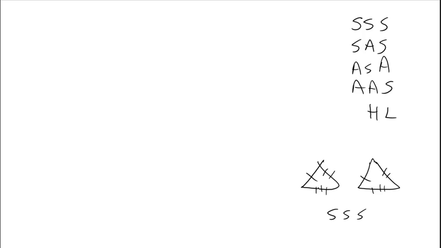Okay, so assuming we know that, and in the proof, let's say we're trying to prove these two triangles are congruent. So we're trying to prove that just any two triangles are congruent.